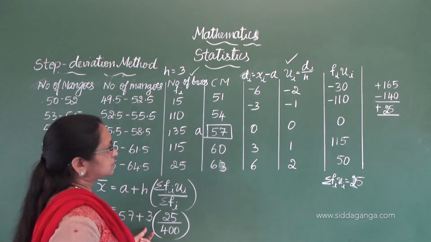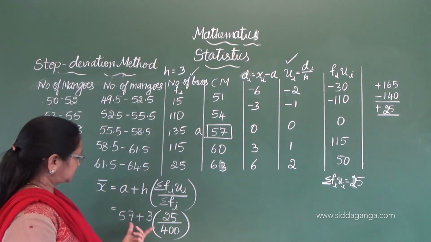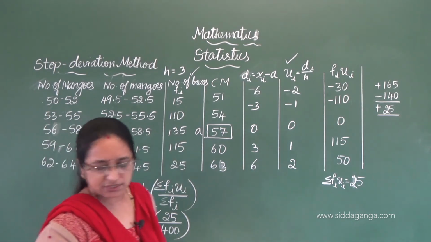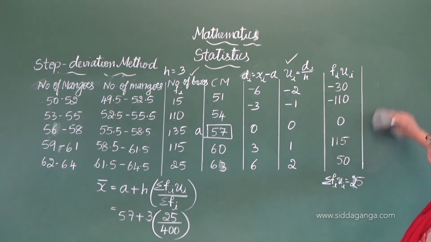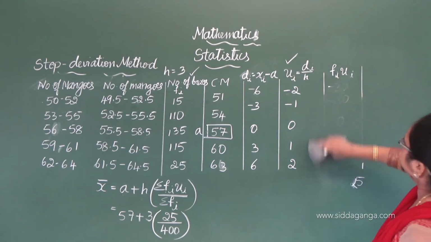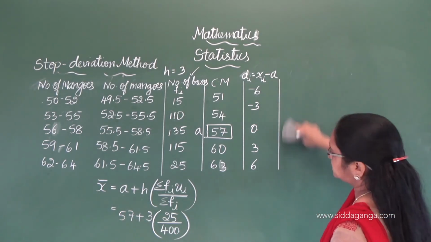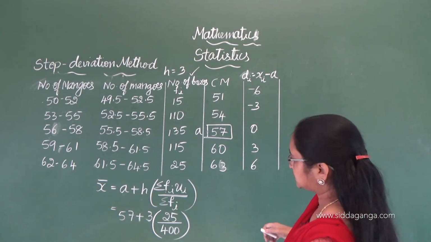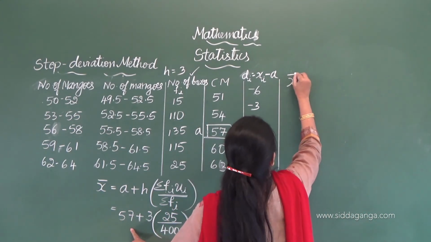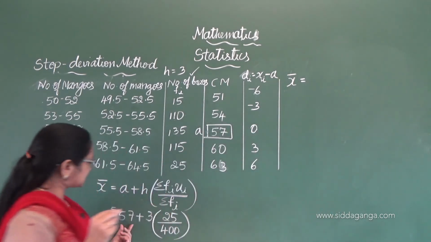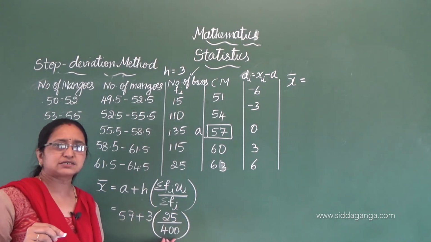Now, for the calculation, can I rub this part, please? Sorry, I hope you have copied the columns. Now I'll do this calculation here. So X bar, that is the mean, is equal to 57 plus 3 into 25 by 400.